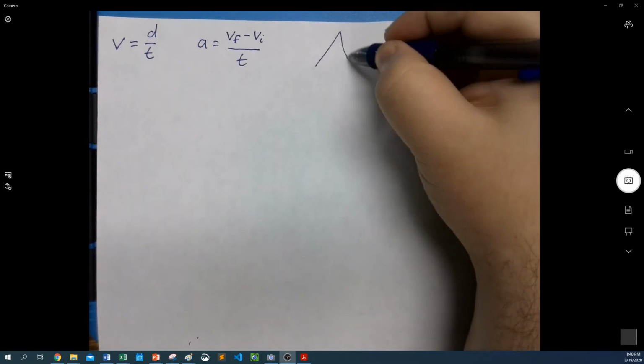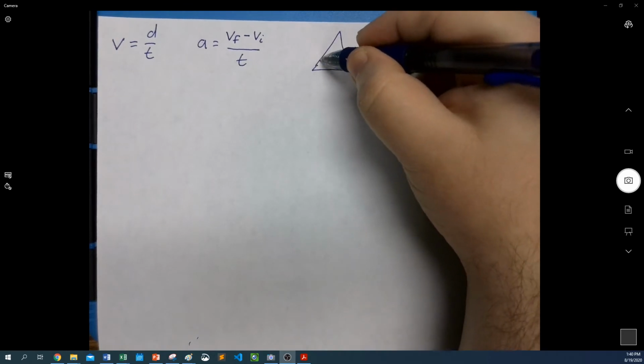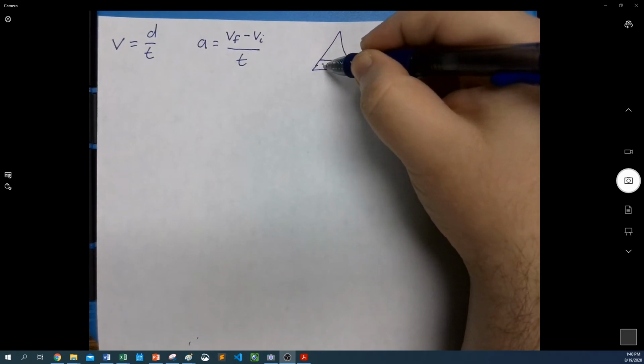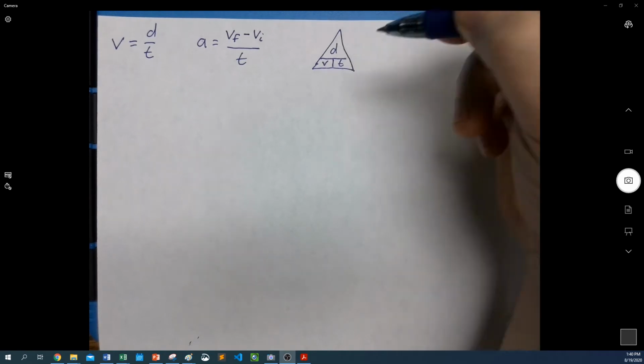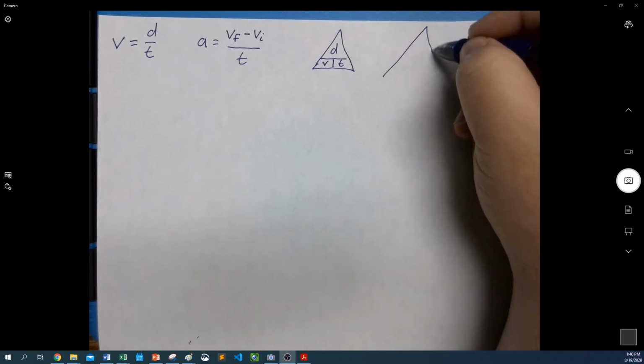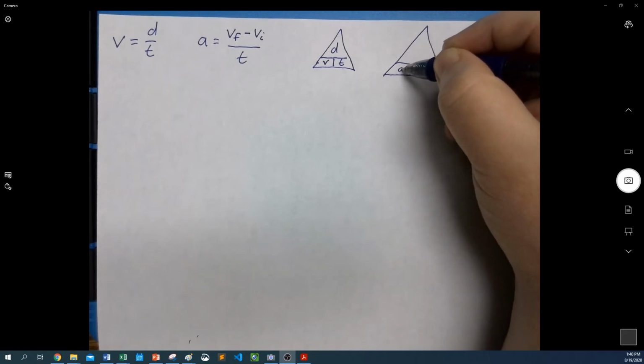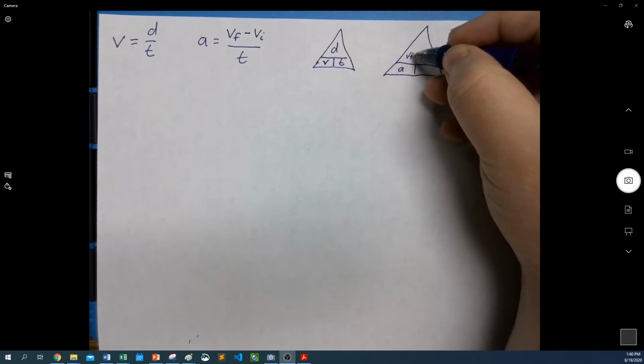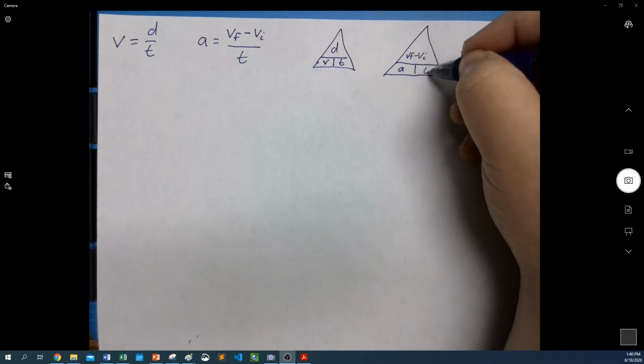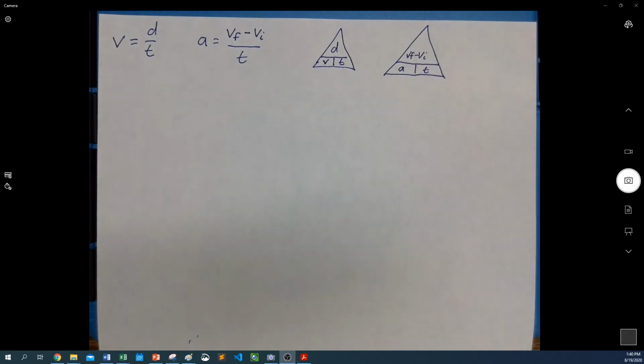We can use triangles to represent them. So let's do some more example problems.